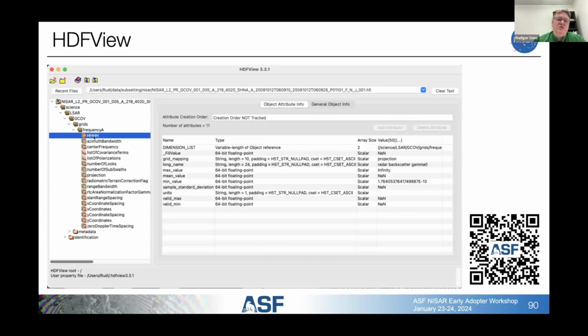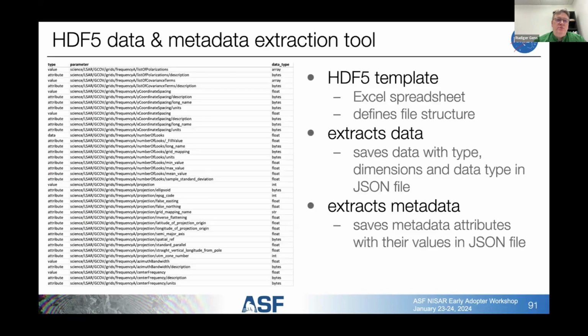This is literally the same thing written in. What is the entire path to the parameter? What data type is it? Is it an array? If you're familiar with Python, bytes is a form of a string. Those kinds of things. This is a floating point number.